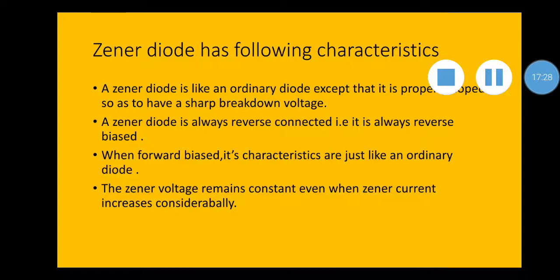When forward biased, its characteristics are just like an ordinary diode. The Zener diode voltage remains constant even when the Zener current increases considerably.